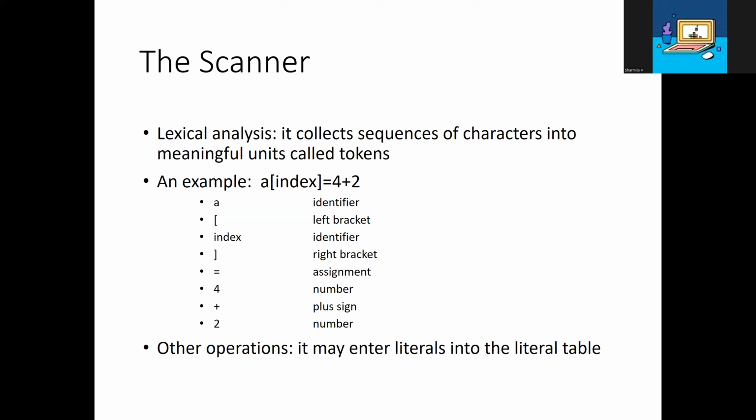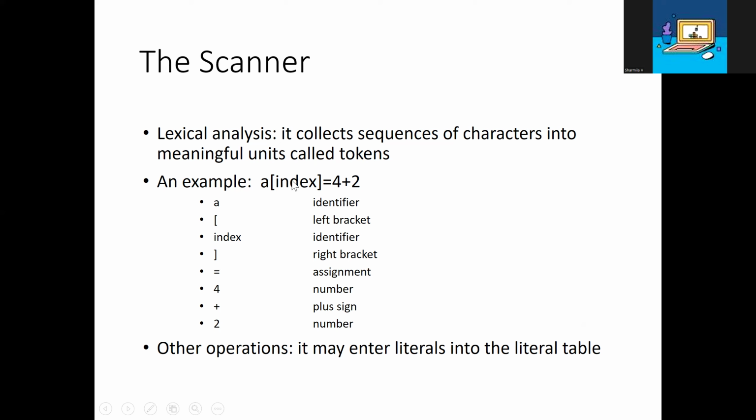In the lexical analyzer, for example, identifiers, operators, assignment operators, and operands are collected separately. For example, in the given high-level language program, A[index] = 4 + 2: A is called an identifier, the variable. The open bracket is a symbol, called the left bracket.